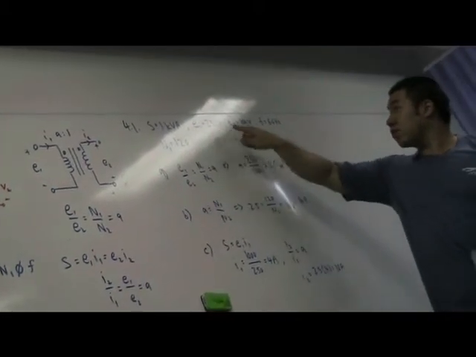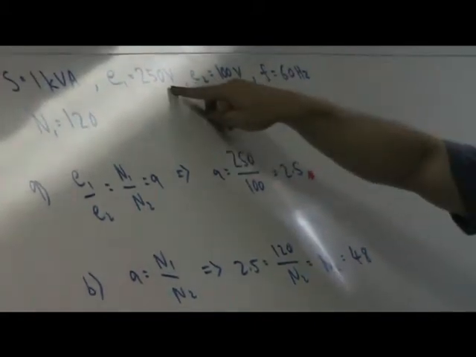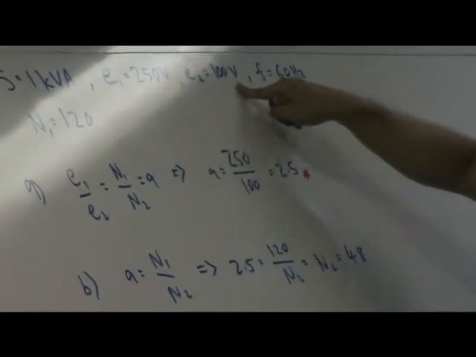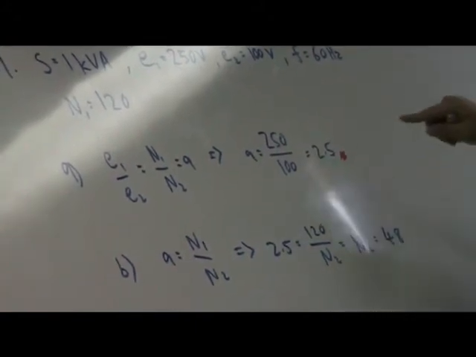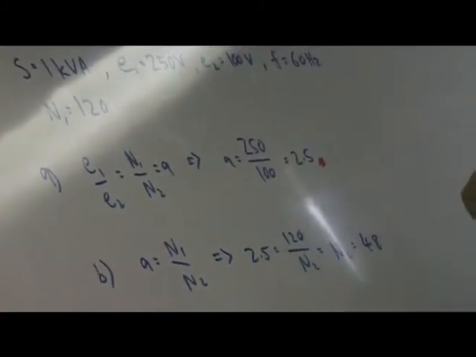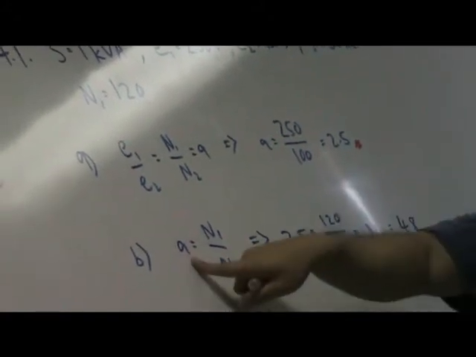E1 is 250, given in the question as the rated value. When you have 250 volts in the primary, you will get 100 on the secondary side. So 250 divided by 100 is 2.5. For the second one, the number of turns on the secondary winding: N1 over N2 is the turns ratio. N1 is 120, so N2 will be 48.